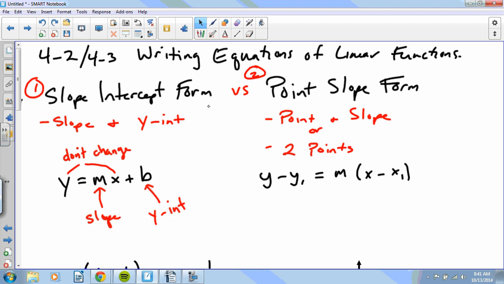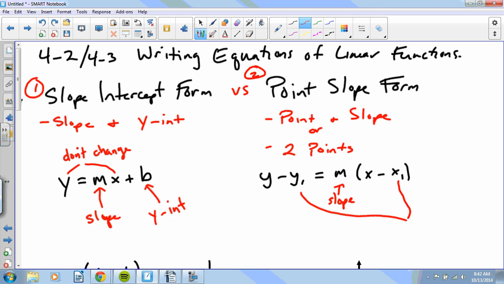Over here in point slope form, it really is just a rearrangement of our slope formula. If you see y minus y1, that should look familiar. x minus x1, that looks familiar. m, that's our slope. So when we're looking at this, we have the same idea. m is still your slope. That doesn't change. y and x stay the same, just like they do over here, but the things we need are y1 and x1.